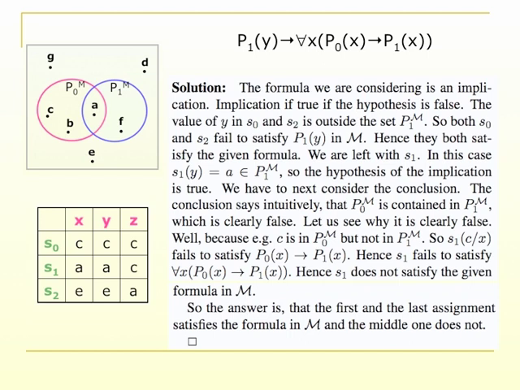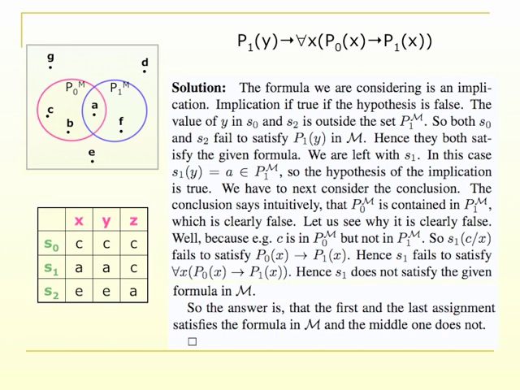Let us now look at the proof in a little bit more detail. The formula we are considering is an implication. Implication is true if the hypothesis is false. The value of y in S0 and S2 is outside the set P1 M. So both S0 and S2 fail to satisfy P1 y in M, hence they both satisfy the given formula. We are left with S1.